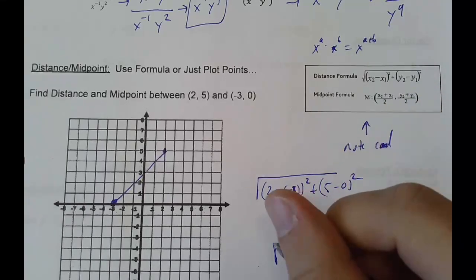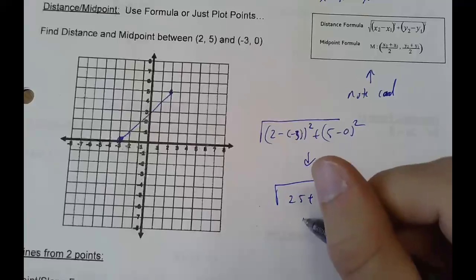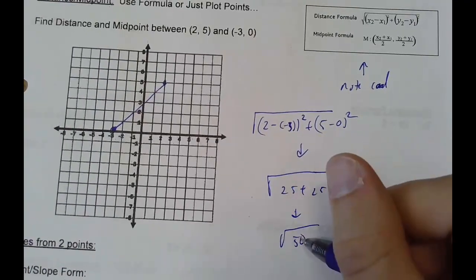So this is just root 25 plus 25, so root 50. That would be the distance.